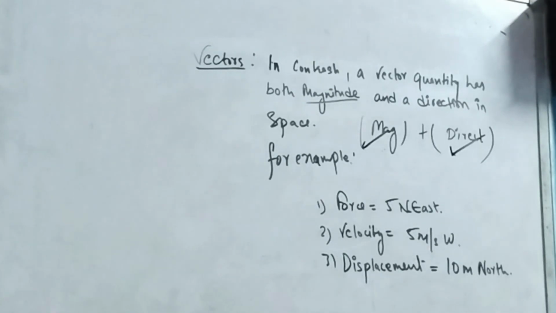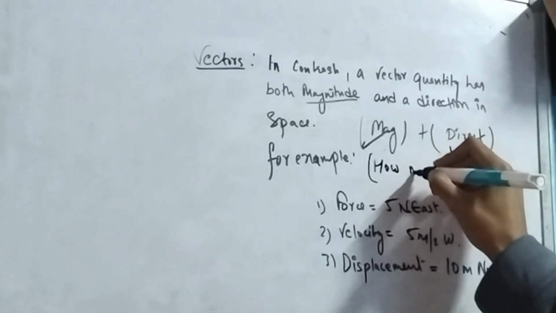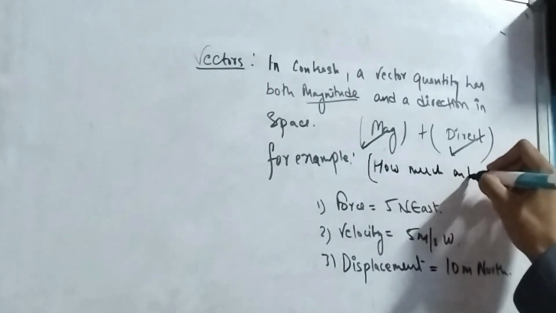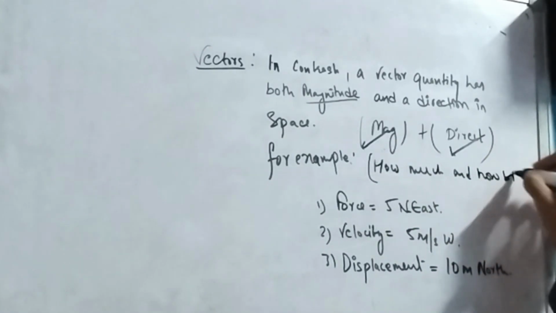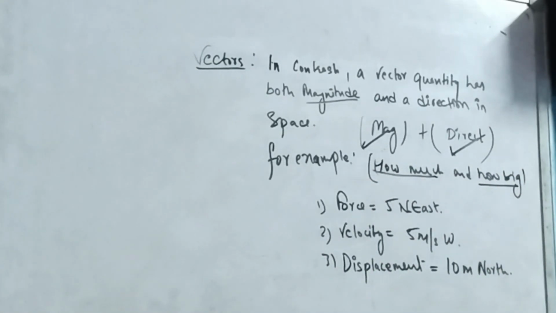I know some of you are confused about what is magnitude. The meaning of magnitude is how much or how big. And direction, you all know what direction is, I don't have to explain.